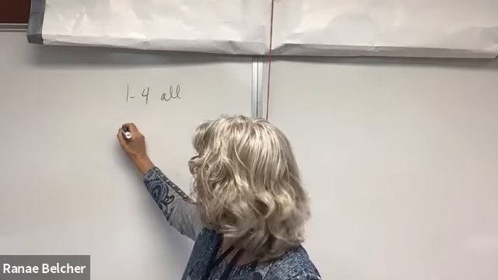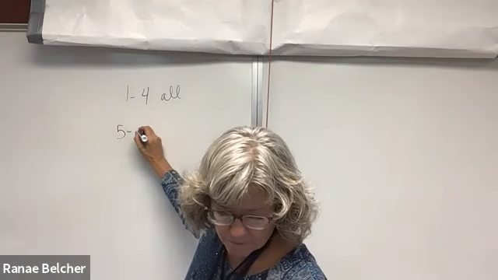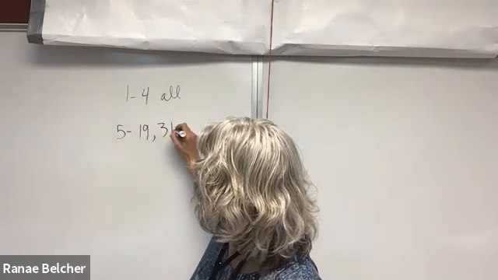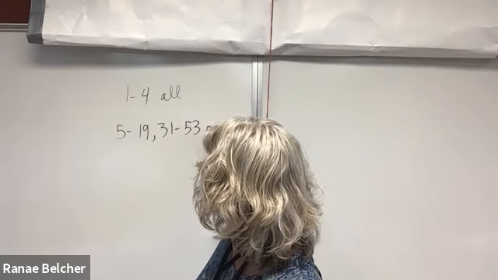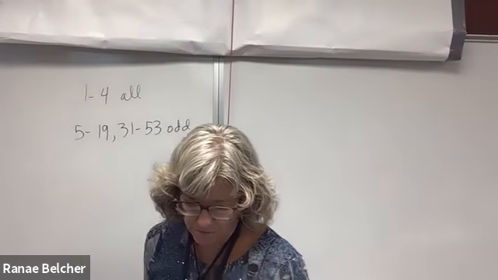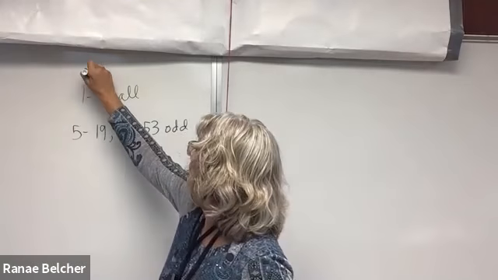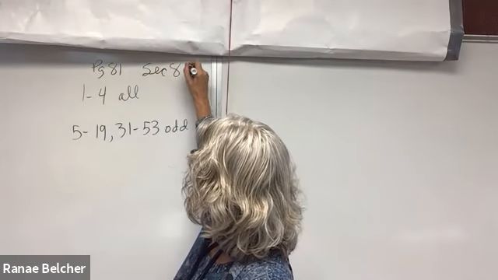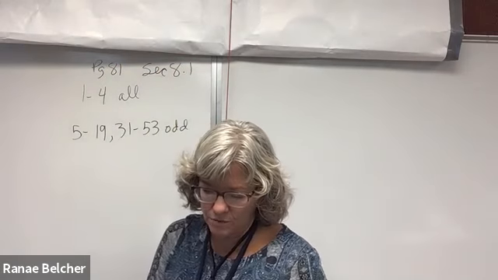And then we're going to continue on Monday with 5 through 19 and 31 through 53 odds, the end of the section. So what is that? Section 8.1. Okay, so go to the board and do 1 through 4.